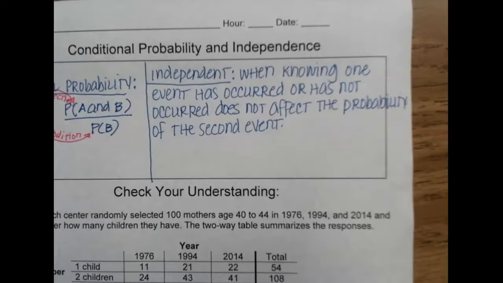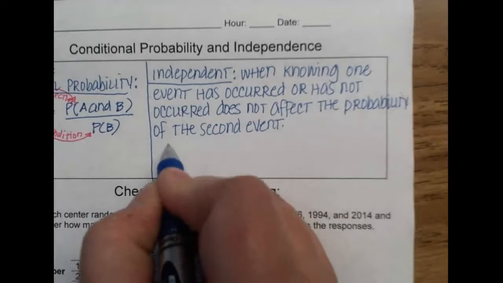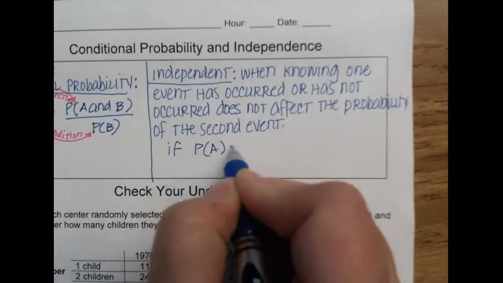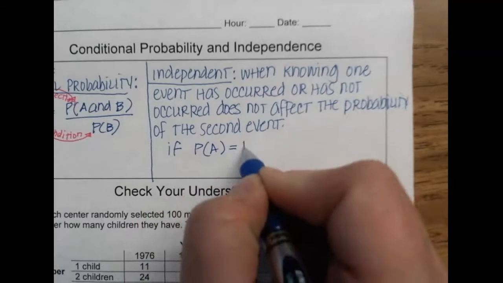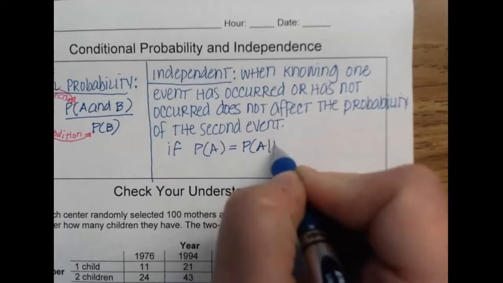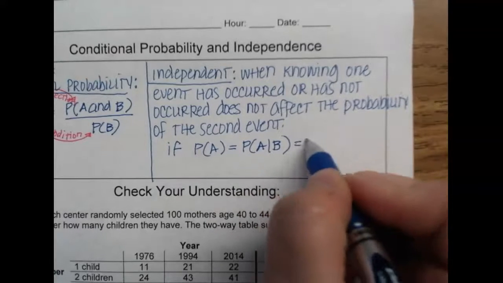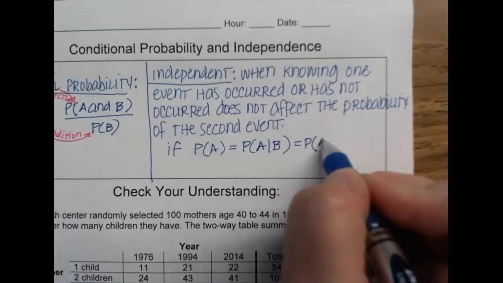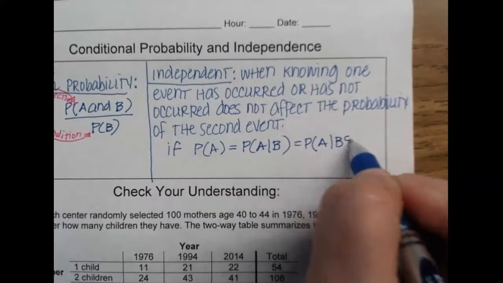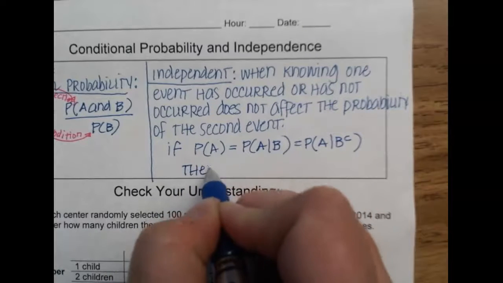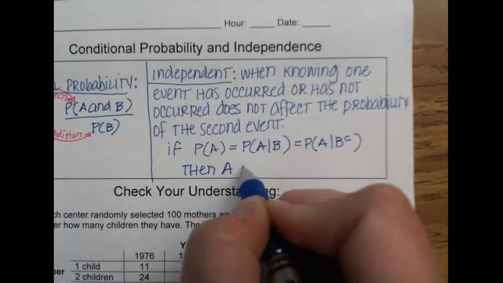So what that means is if the probability of A equals the probability of A given event B happened, and that equals the probability of A given event B didn't happen, if they are all the same, then A and B are independent.